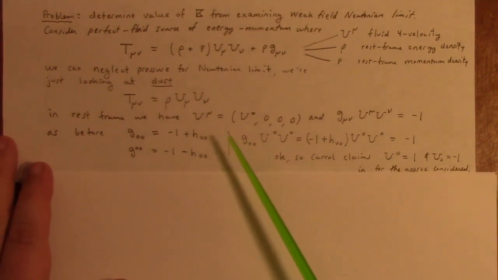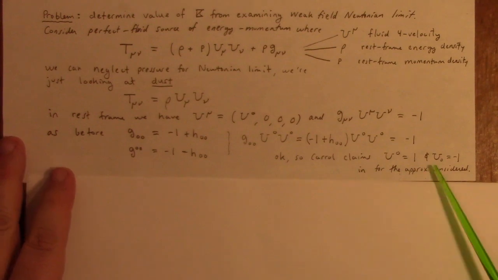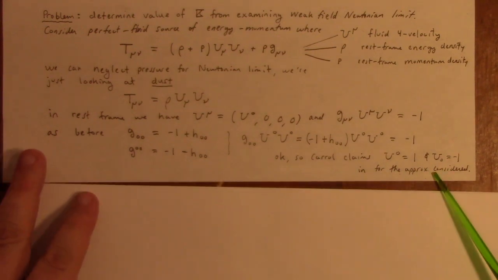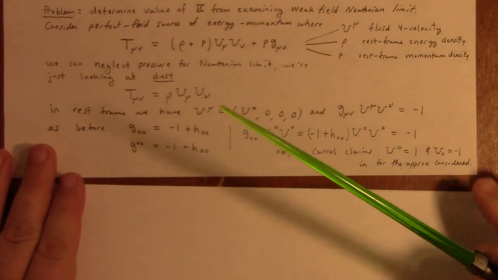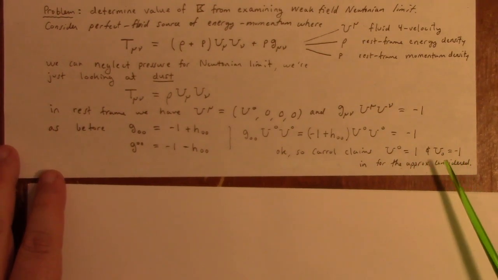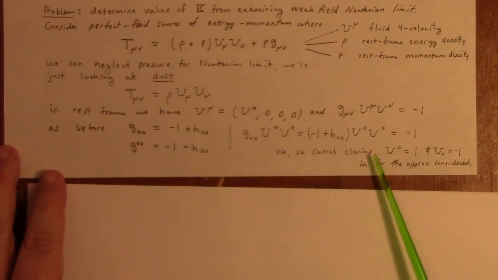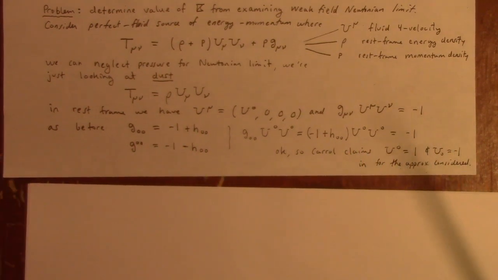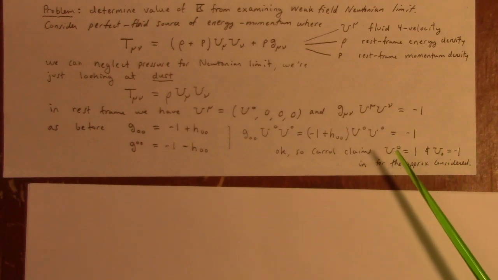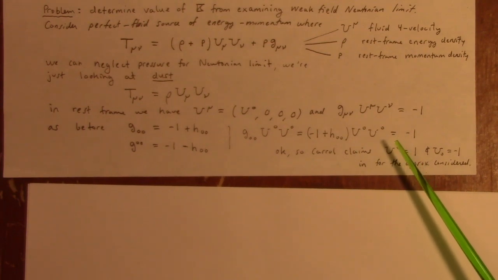And more than that, we can take the proper velocities and set them equal to 1 or minus 1, depending on whether you're talking about the contravariant or the covariant component here. Contravariant 1, covariant minus 1. And the reason for that is explained right here, sort of. I think it essentially boils down to our choice of units.